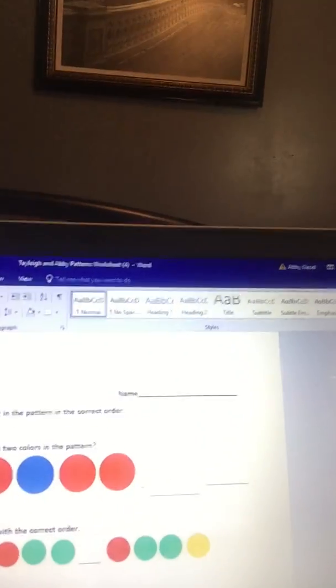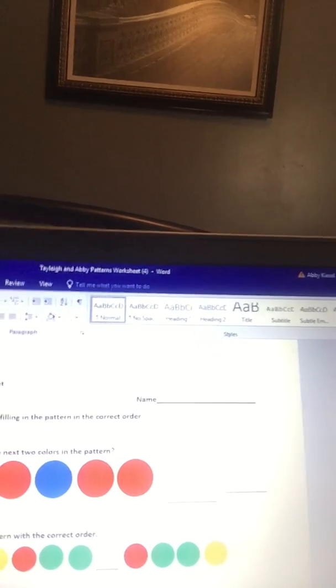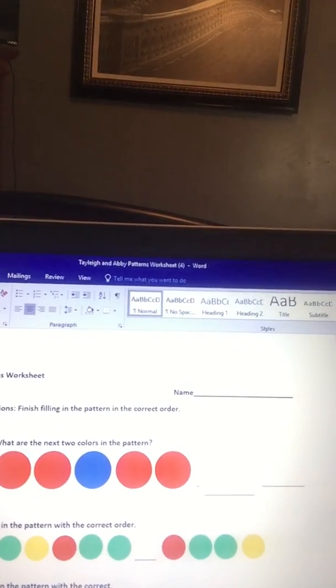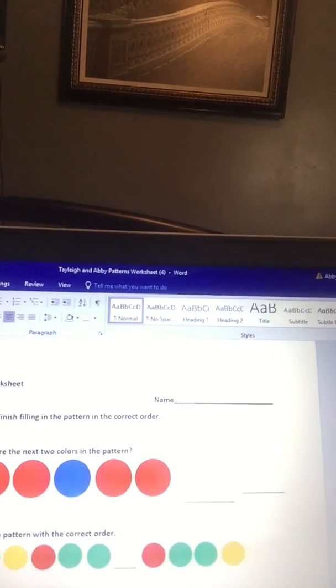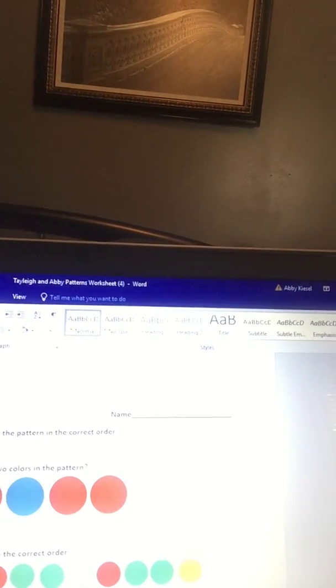Then there are two blank spaces after it, and I asked you guys to fill in what those blank spaces should be. If we have red, red, blue, red, red, the next one should be blue. And then after blue, it would continue on with red again.